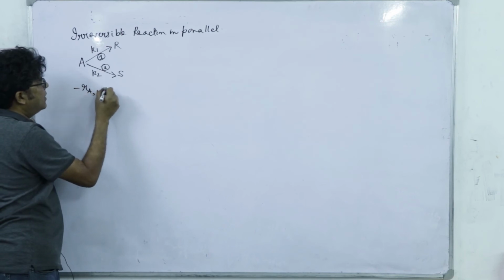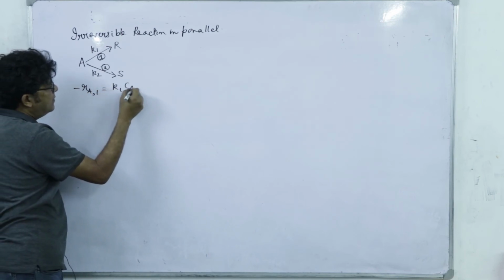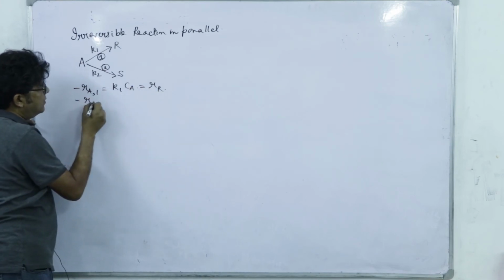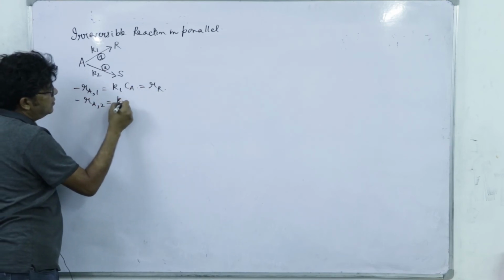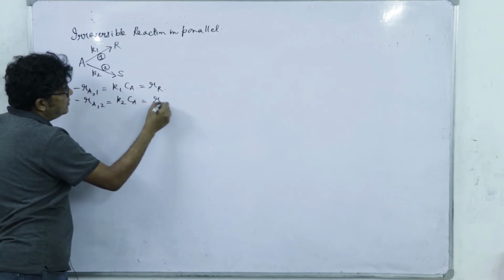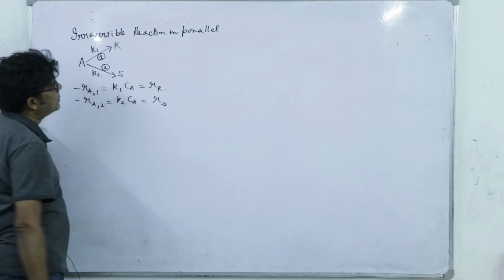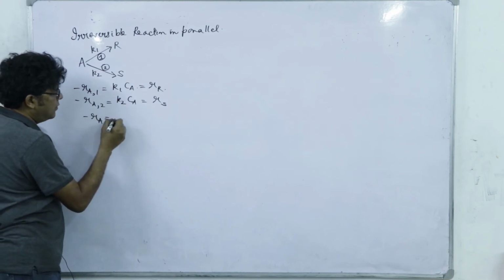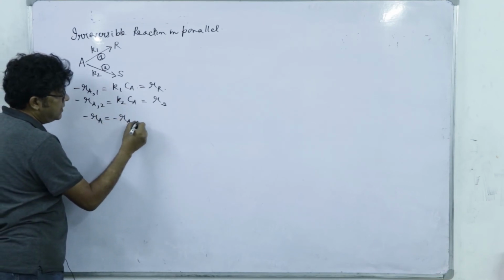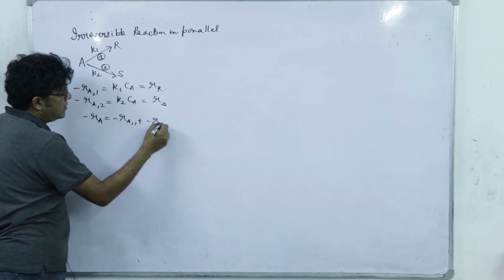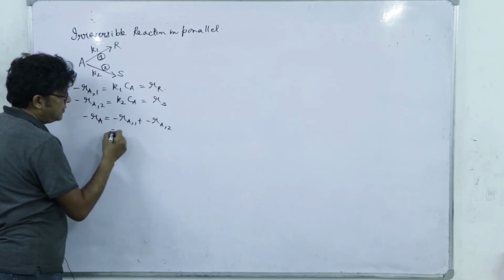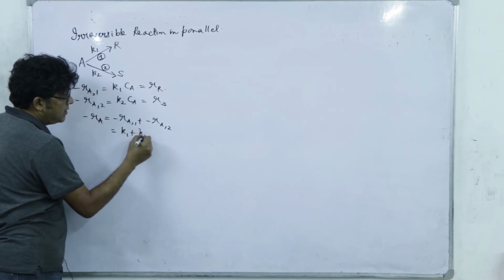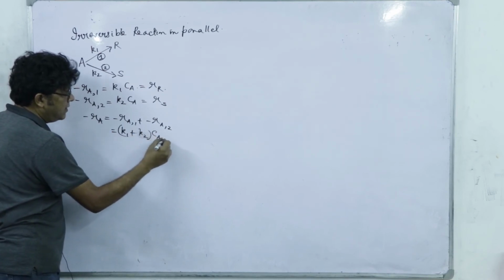Minus of rA1 is equal to K1 CA, which is rR, and minus of rA2 is equal to K2 CA, which is rS, right. So minus of rA, the overall rate of disappearance of A, is (K1 plus K2) CA.